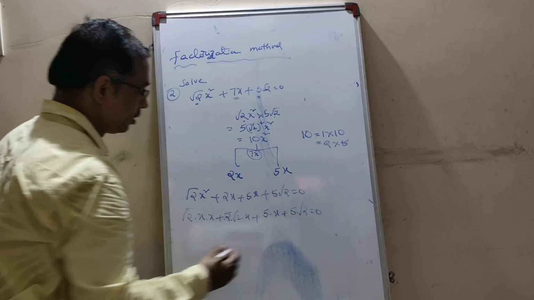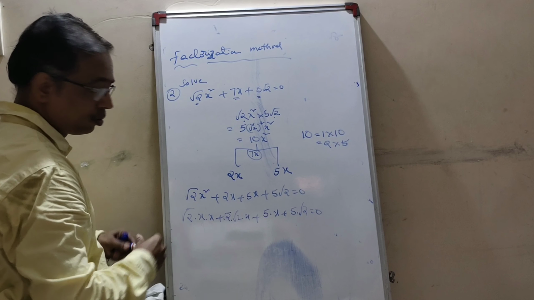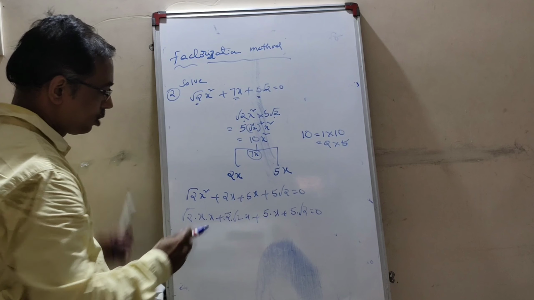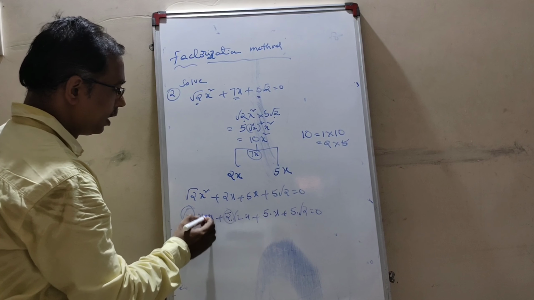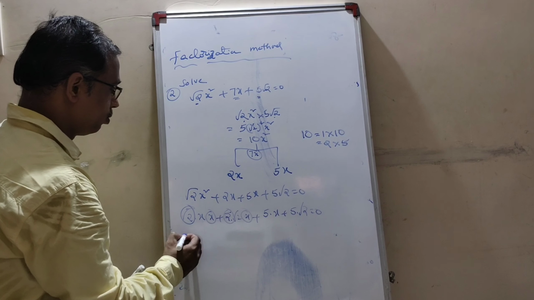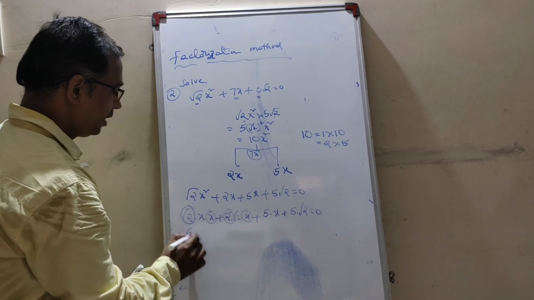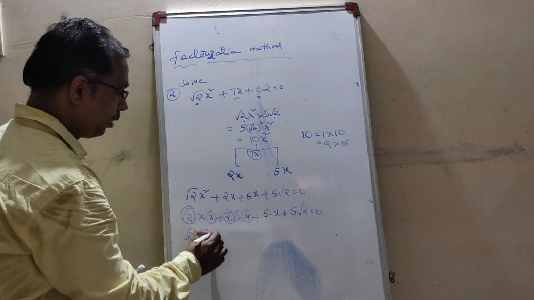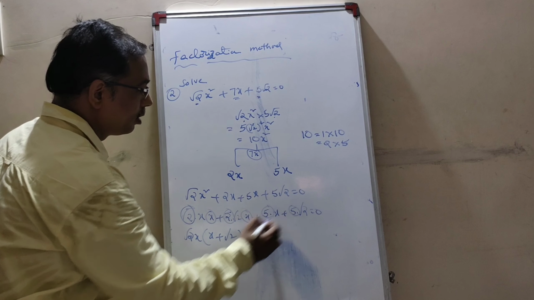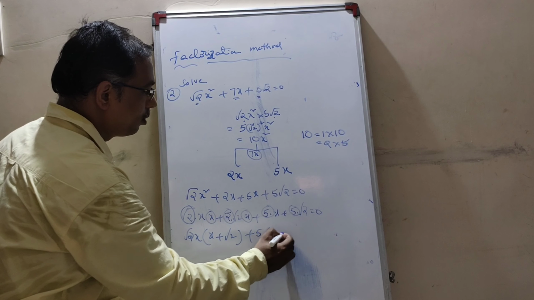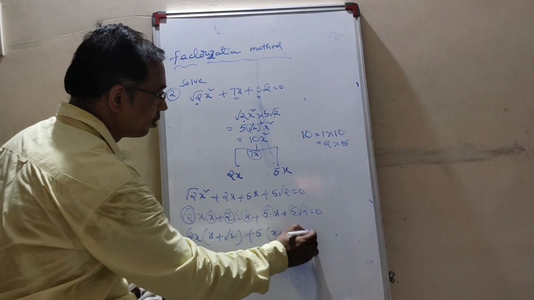Now take common from the first two terms. From the first two terms you can take common root 2 and x. So root 2x is common: x plus root 2, plus here 5 is common: 5 into x plus root 2 is equal to 0.